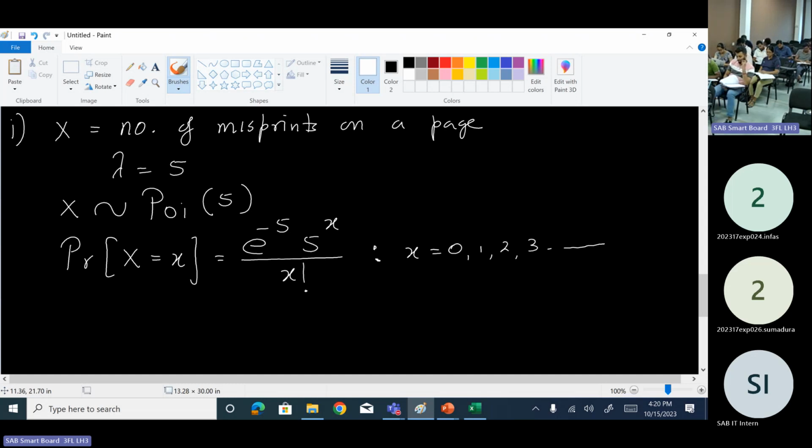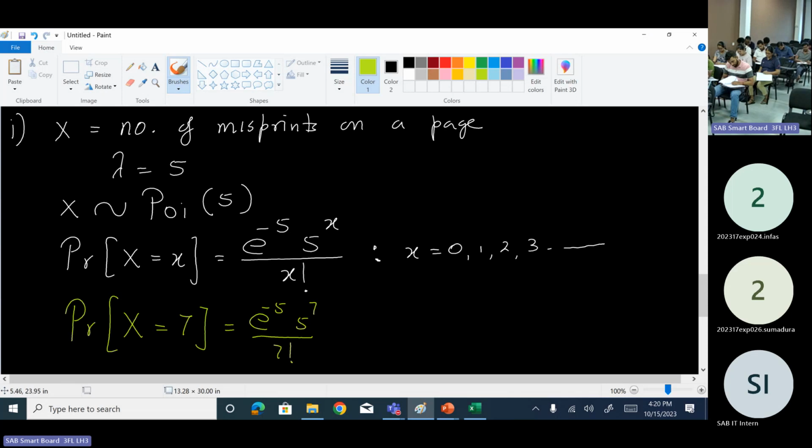The probability of 7 misprints, so the probability of capital X, number of misprints, equals 7: e to the minus 5, 5 to the 7 over 7 factorial. Of course, you know how to evaluate. If you get the concepts properly, then things are easy, right?